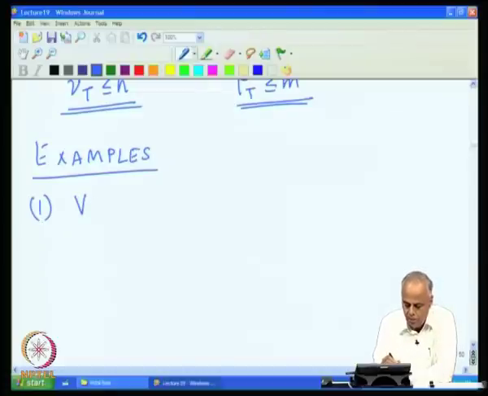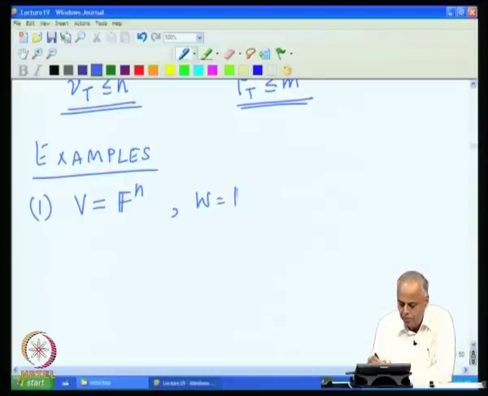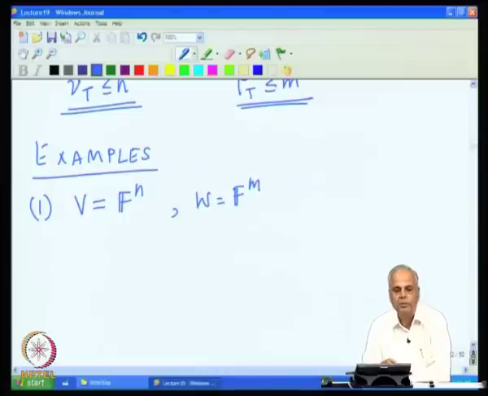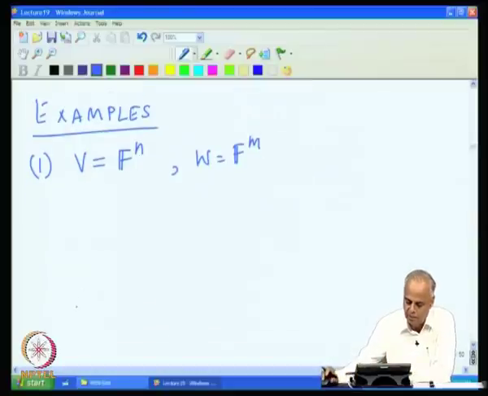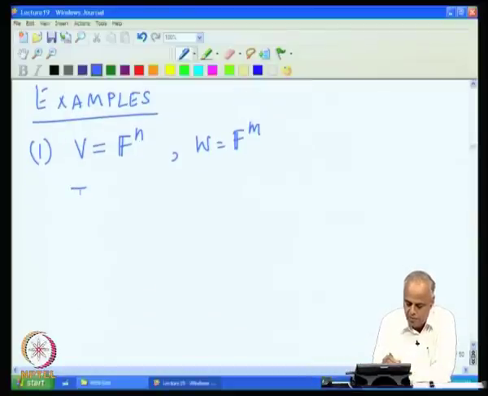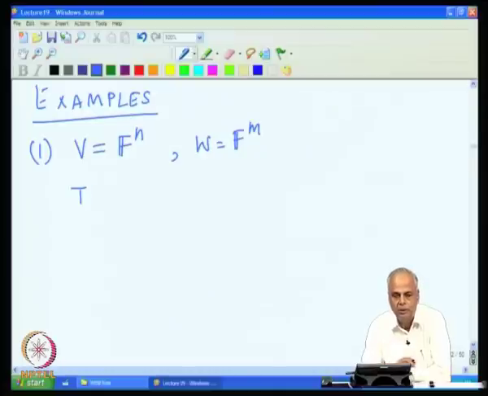Consider V to be Fn, where F is a field, and W to be Fm. So, from n component vectors, or the column vectors with n entries, to the column vectors with m entries. Now, we have a transformation. How did we define a transformation from V to W?